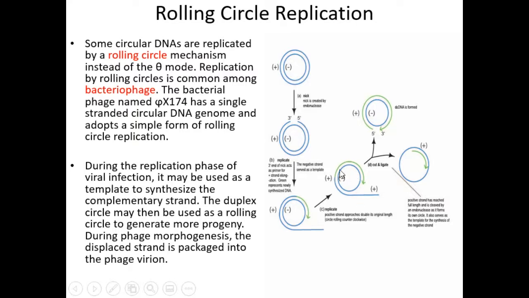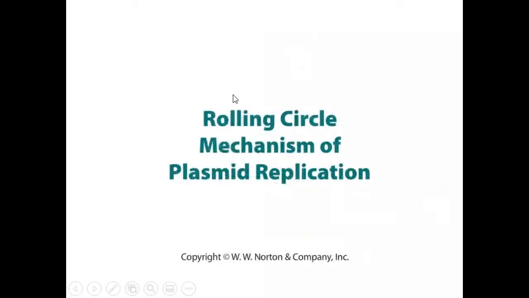Once this finishes, the green one will be released, and then it will start another leading strand. So this template, the negative strand, will always be there. These are the unique features of rolling circle DNA replication. It happens mainly in viruses. So that's rolling circle replication, and that's why we mentioned it here.